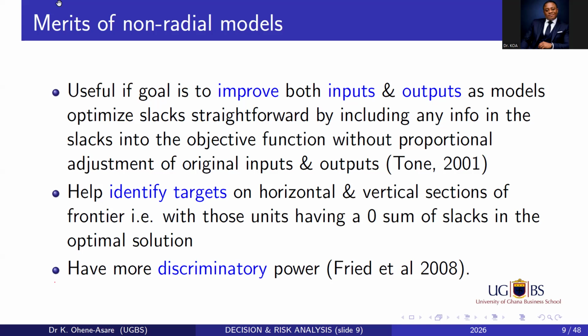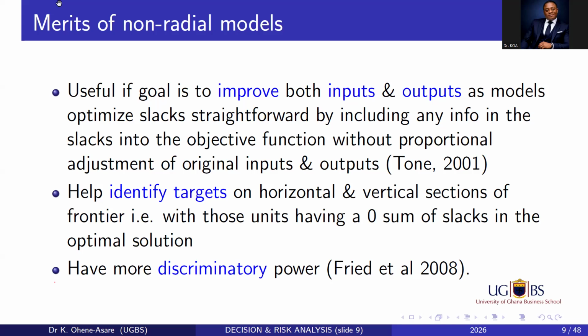So when we say that the non-radial models have more discriminatory power, that's what it means. When we say they are more discriminatory, it means that they cut down the efficiency scores. They don't force you to be efficient. They try as much as possible to reduce your efficiency.